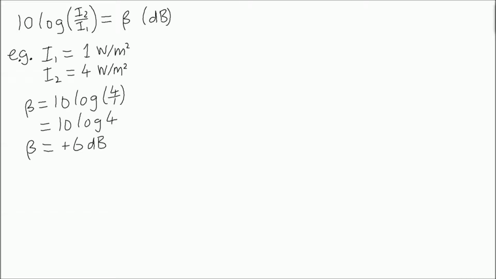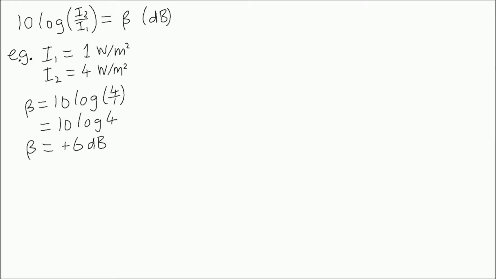In fact, any time a certain intensity level is 4 times greater than another intensity level, the difference we say is 6 decibels. Every doubling of intensity level gives you a 3 decibel increase.